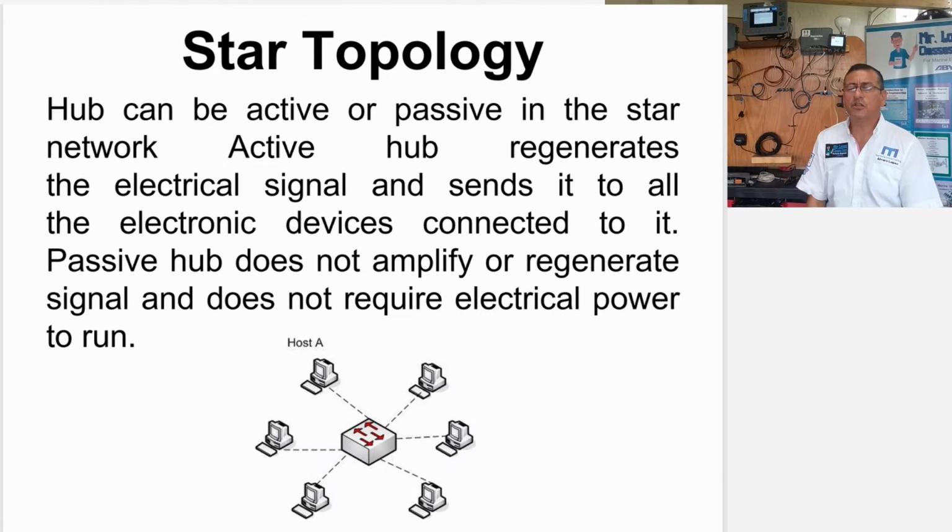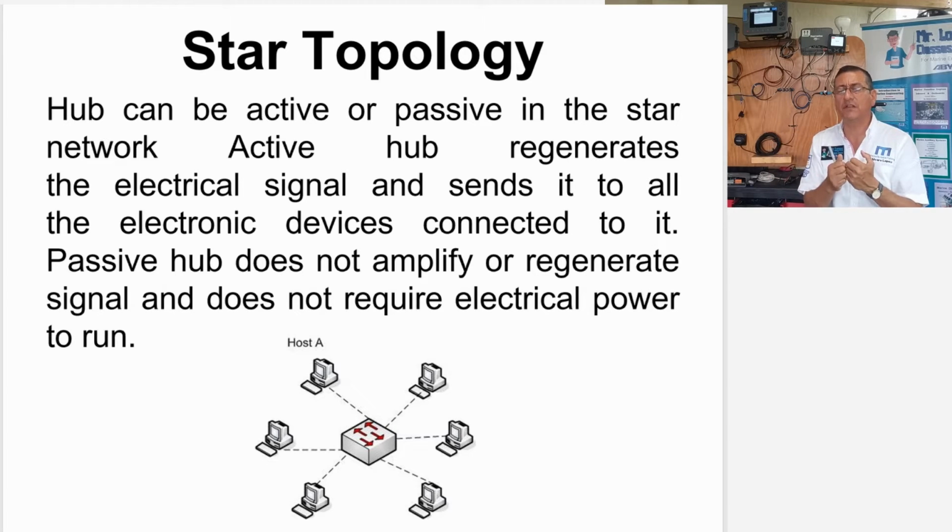Okay. In the star topology, the hub can be active or passive. An active hub regenerates the electrical signal and sends it to all the electronic devices connected to the system. The passive hub doesn't amplify or regenerate the signal and does not require electrical power to run.